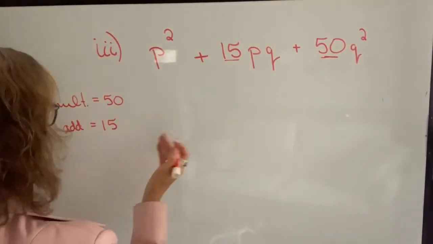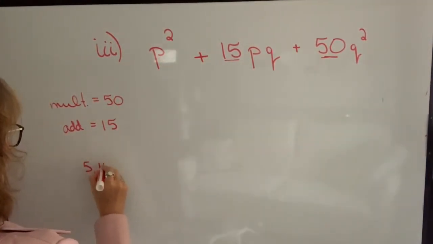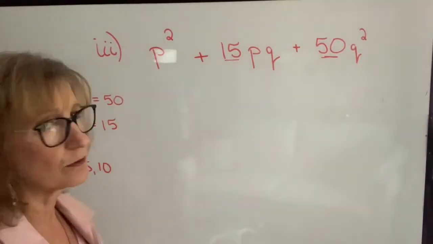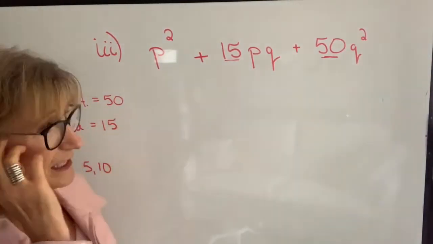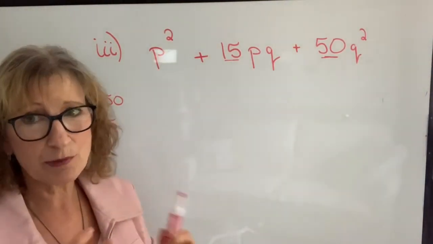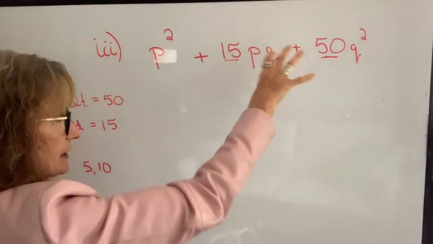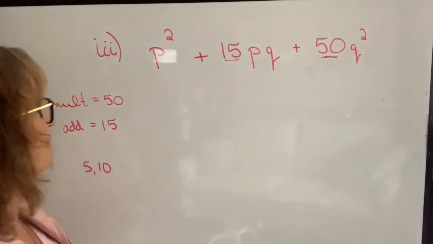I'm just going to tell you what the numbers are. You might notice them already, but 5 and 10 multiply to equal 50 and add to equal 15. You could break 50 down into its prime factors and then try a bunch of combinations, but I want to illustrate this example, so I'm just going to tell you what the two numbers are.